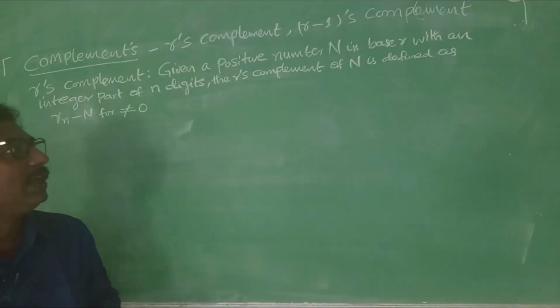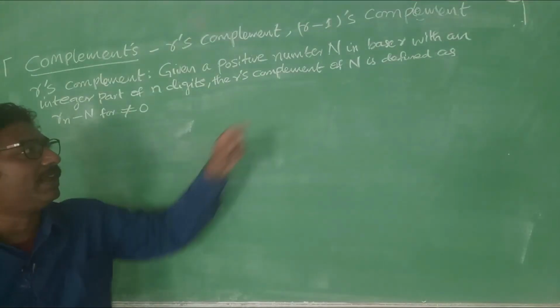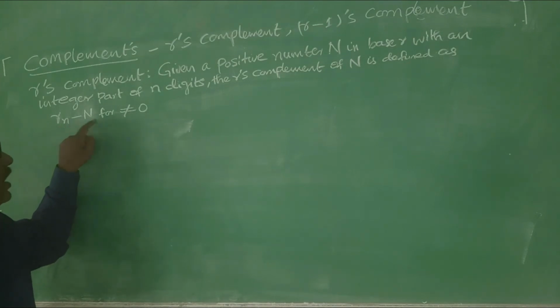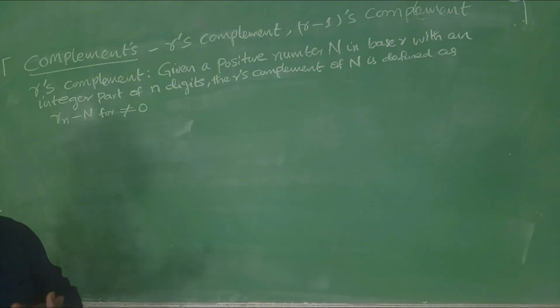R's complement: given a positive number N in base R with an integer part of n digits, the R's complement of N is defined as R to the power n minus N, for N not equal to 0. So what is R? R is the base.